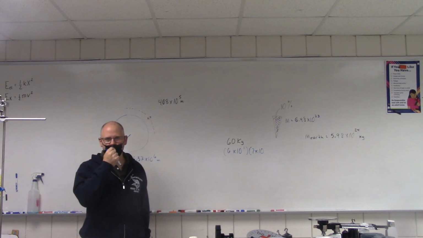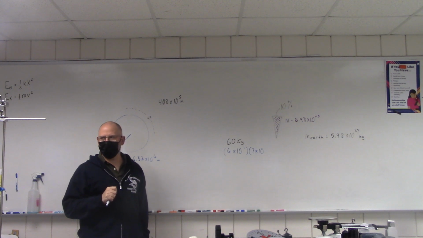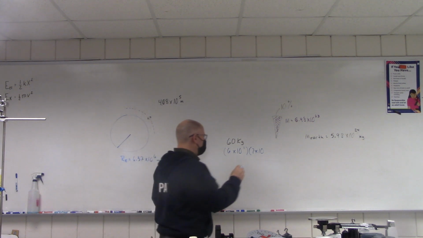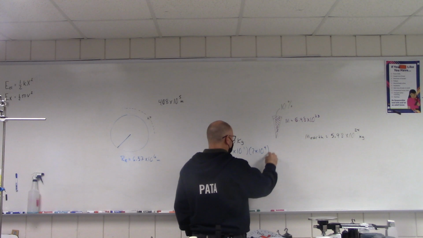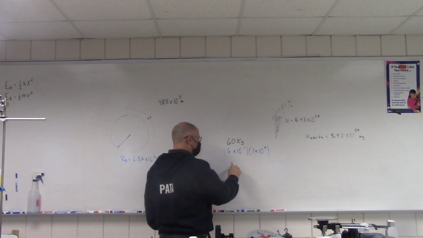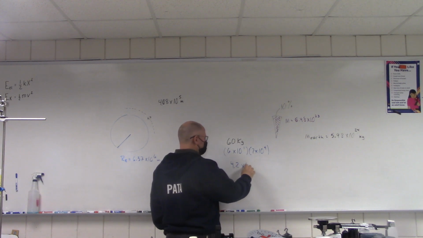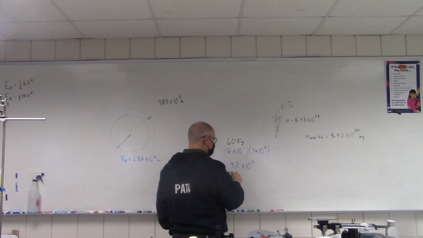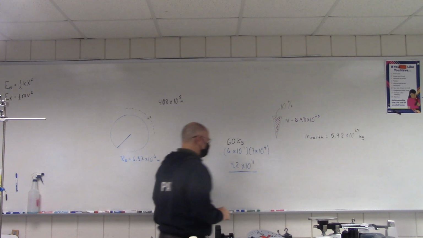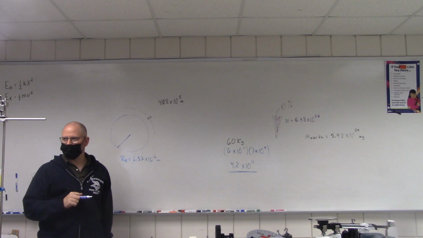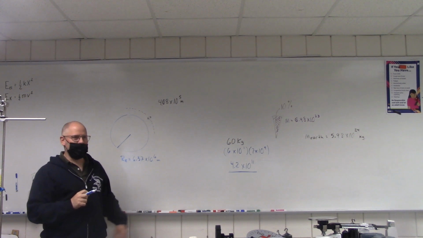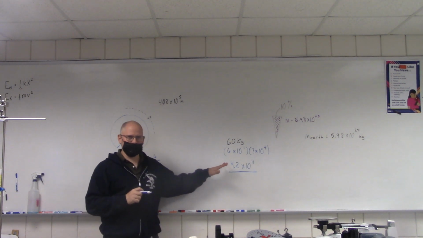So 1,000 is 3, 1,000,000 is 6, 1,000,000,000 is 9. So I have 4.2 times 10 to the 11. That is the mass of all the people on the planet.